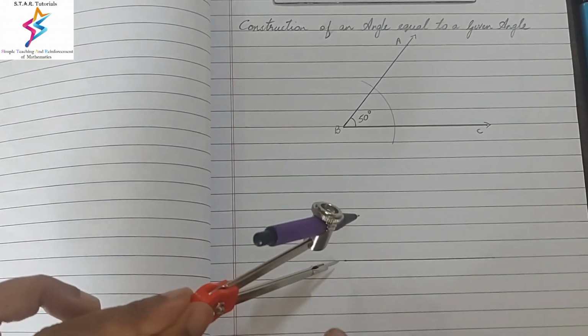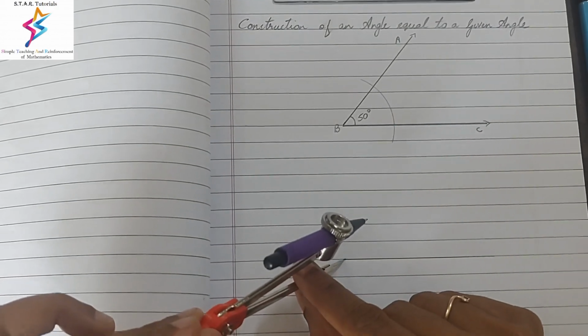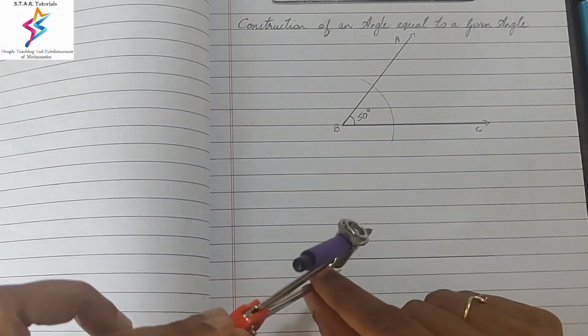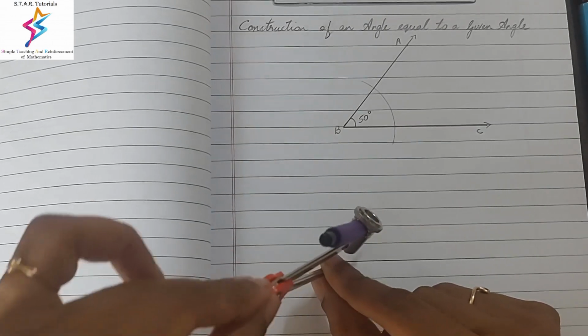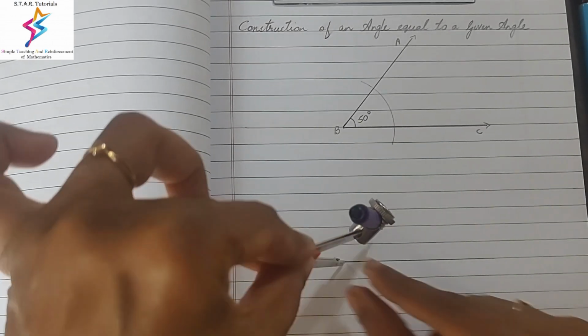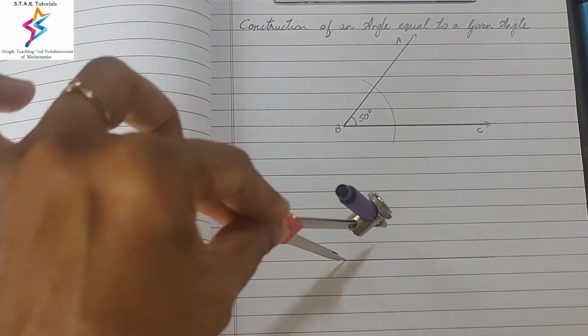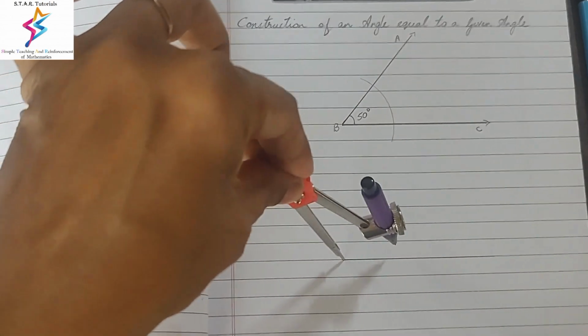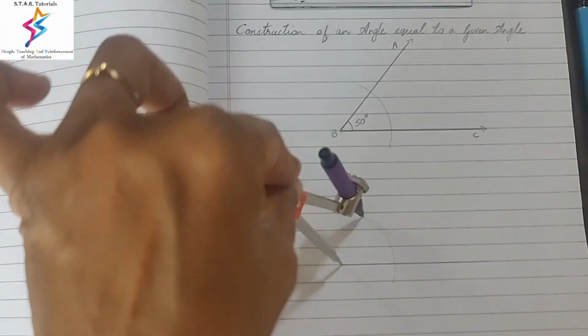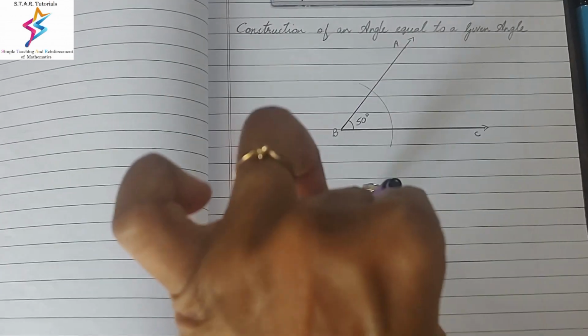I have to keep it on this starting point of this line segment. Make sure we keep it carefully. You can press the pointed edge a little so that it doesn't slip off. And now I will draw another arc over here of the same measurement.